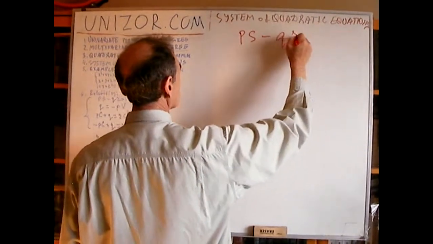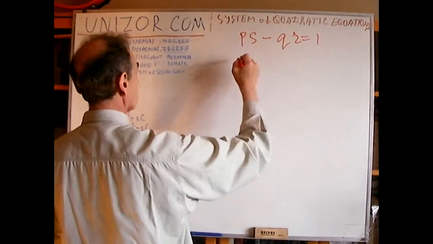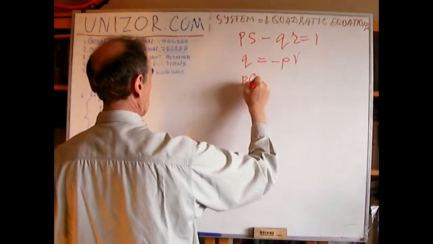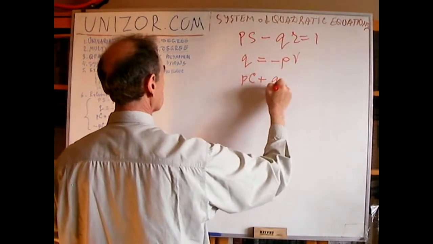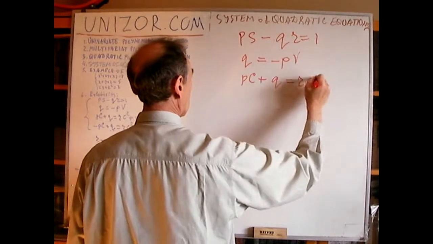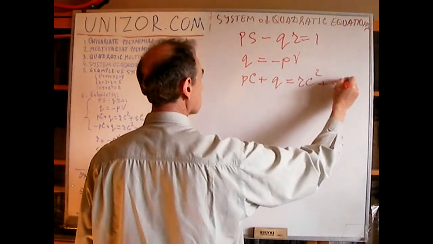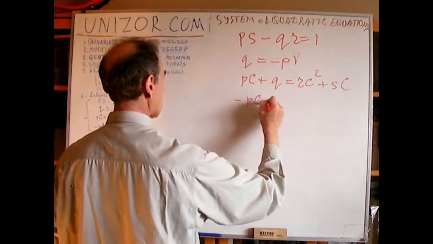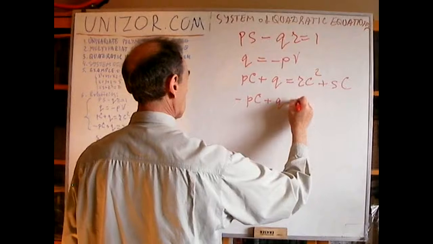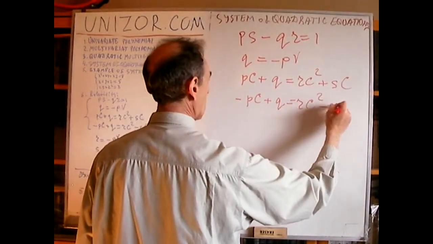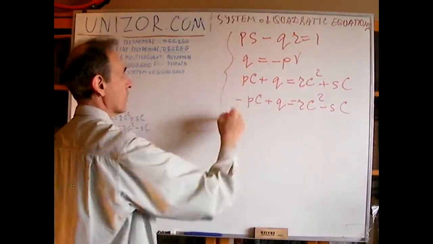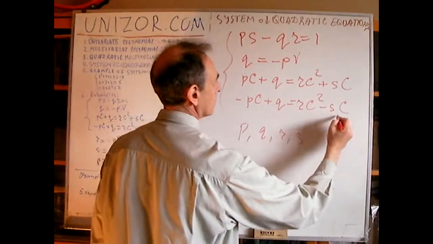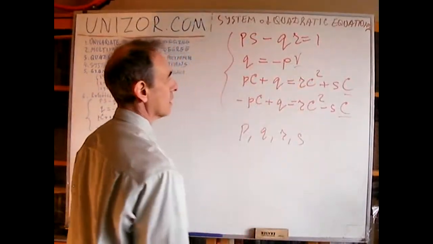This is what I had in this lecture about relativity. And I will try to do it very quickly. For details, I do refer you to this lecture. This is an example of a system of 4 equations with 4 variables, P, Q, R, and S. Now, C and V are constants.